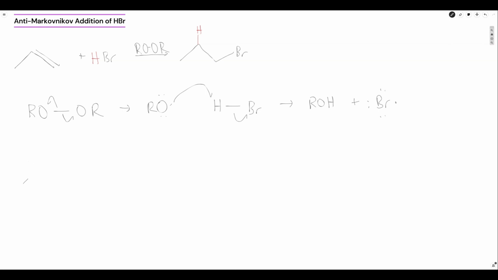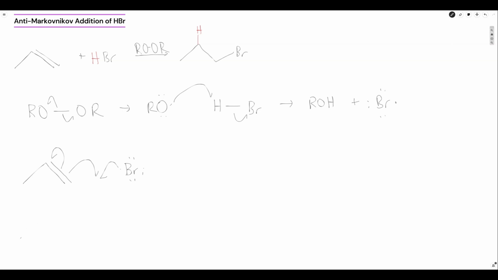And now we find that if we react this with our double bonded propene, what happens is one of two possibilities. Basically what happens is this. You can show this if you want to, like this. You get a radical attack on the bromine, and the pi bond homolytically cleaves.